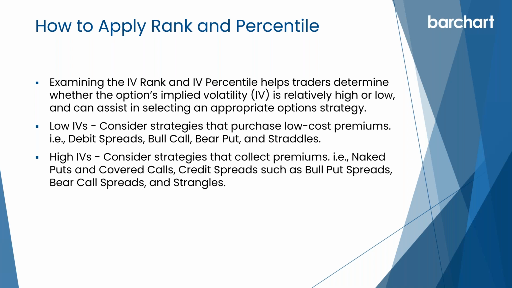Now, this would be a version of dip buying. Now, complex non-directional, like strangles, look to capitalize on high implied volatility in the anticipation that implied volatility will return to its historical levels.